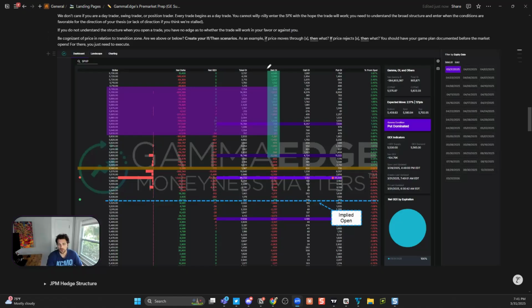Then we also have another transition zone that we refer to as the drunken sailor zone. We refer to this as the drunken sailor zone because it's within the context of the DEX transition zone. So again, that's where we expect choppy price action, because there's a back and forth between call and put dominated strikes. And second, even when we break above and below the DEX transition zone, we could still be in the context of the drunken sailor zone.